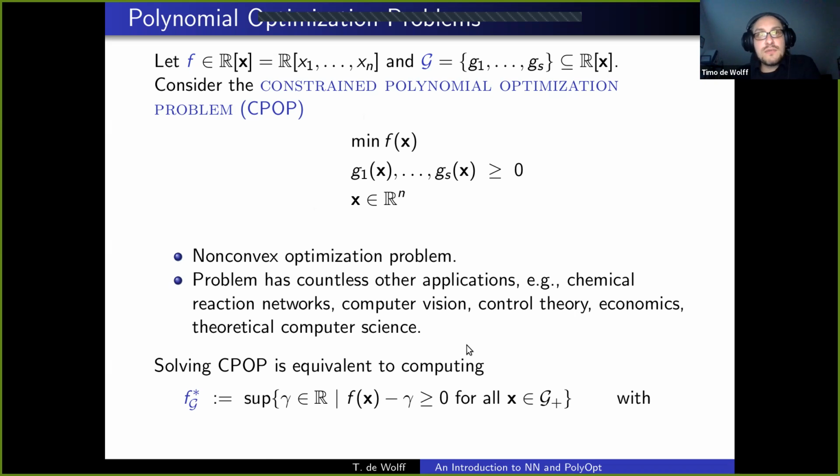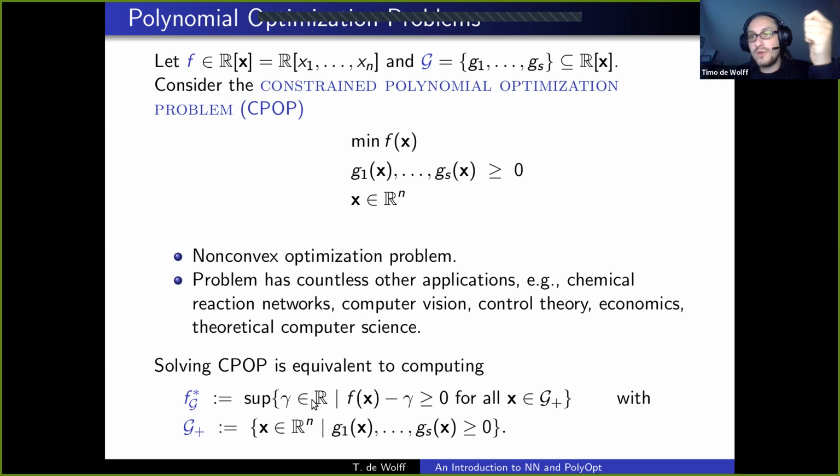Solving this is equivalent to computing the maximal constant gamma such that our polynomial f of x minus gamma should be larger or equal to 0 for all x that live in a set G+, where G+ is the subset of Rn where all our constraints are satisfied. If you don't immediately see it, just think about no constraints for the beginning and say I want to minimize a polynomial f. What does minimum mean? Well, I'm just subtracting as much of a constant until I hit a 0 somewhere. And if I know how much I can subtract, then I know the value at the minimum.